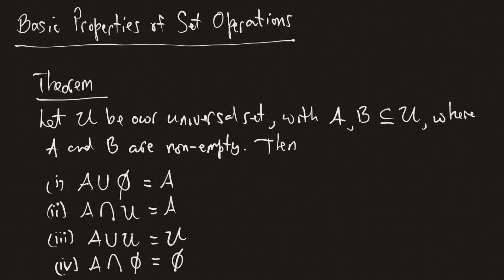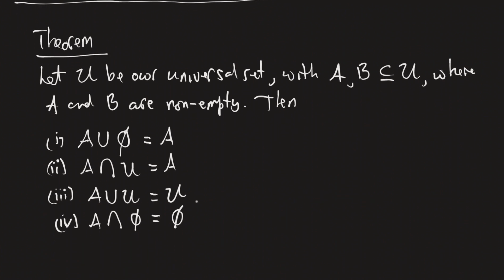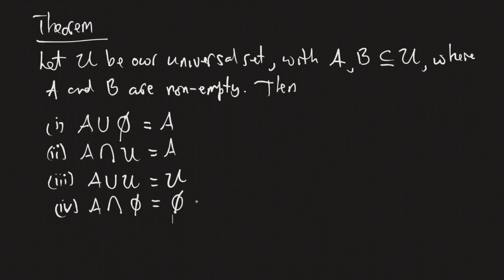The reason I'm not writing them down is that you're not going to be required to state what each of these properties are. But these 3 and 4 are called domination laws, right? For the union, the universal set dominates all the other ones. And for the intersection, the empty set dominates all the other ones. So the one that dominates is the end result, right?